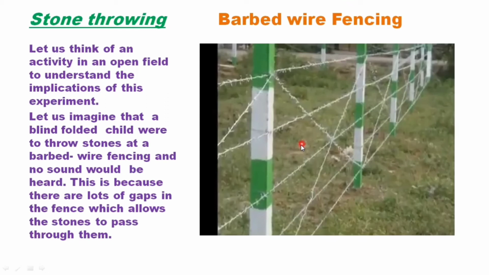So if a blindfolded child has to throw stones through these fence wires, then most of the stones can easily pass through. As a result, the boy will not be able to hear sound. So in the Rutherford alpha scattering experiment, the same thing happened. Most of the alpha particles could pass through easily through the gold foil since lots of spaces are present in the atom.